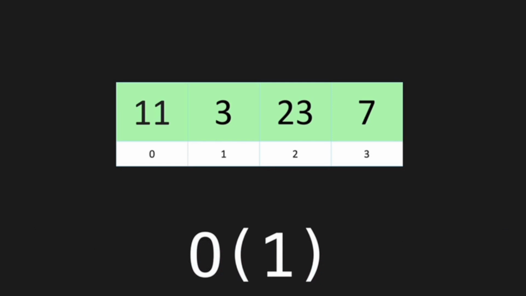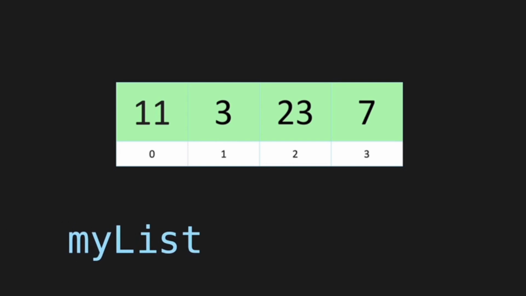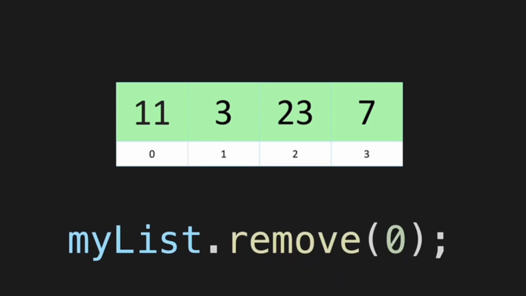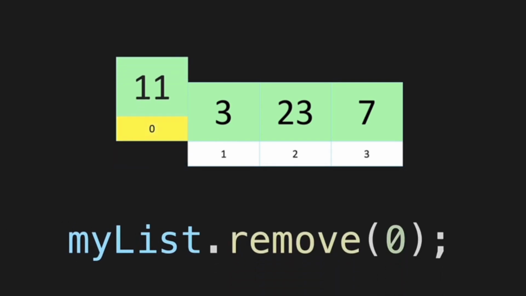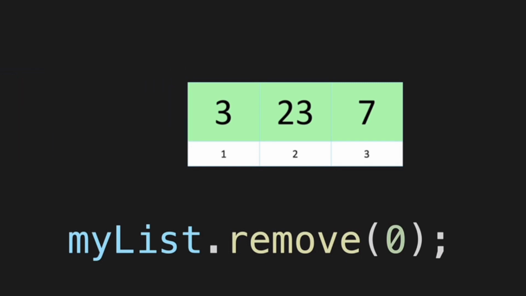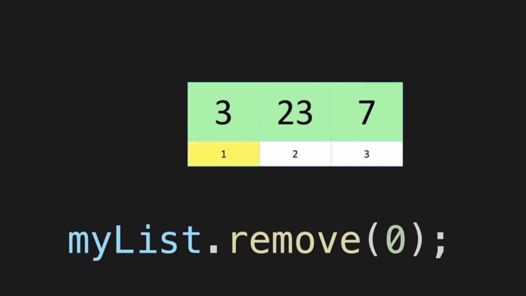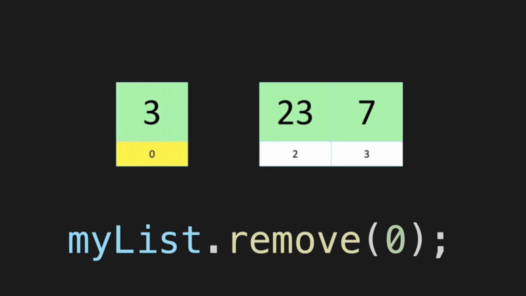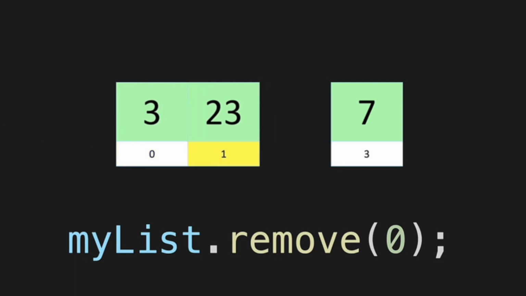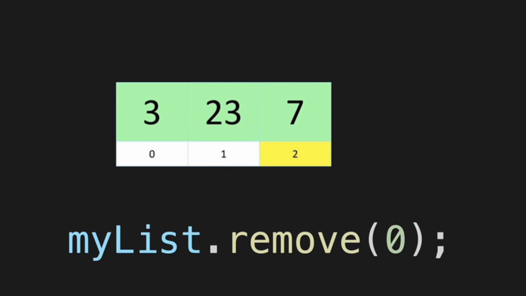This is different if we do something on the other end of the ArrayList. So we say my list dot remove the item at the index of 0. When we remove this, the problem we have is that the next item is no longer at the correct index. So we need to change the index of 1 here to be an index of 0, and then we need to do this all the way down, touching every item in the ArrayList.